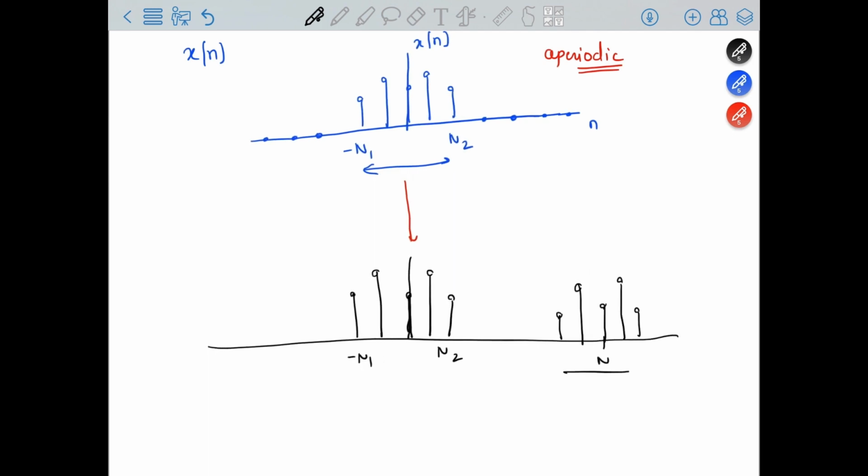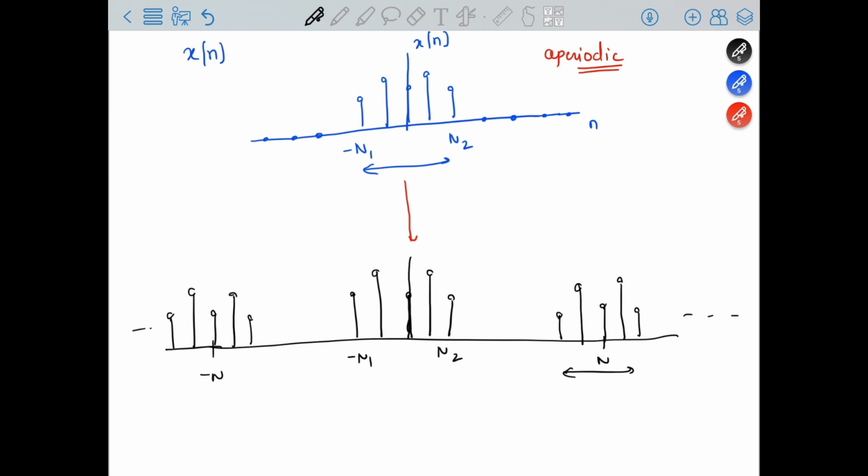Again this range is n2 minus of minus n1, so that will be n2 plus n1, and again for the case of minus N, it will be represented like this, and so on.